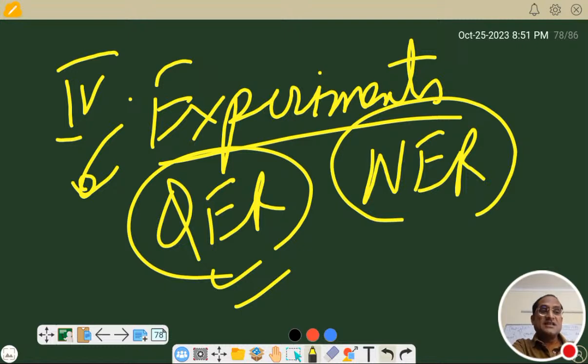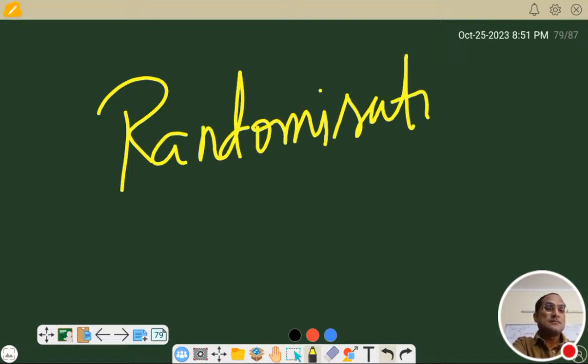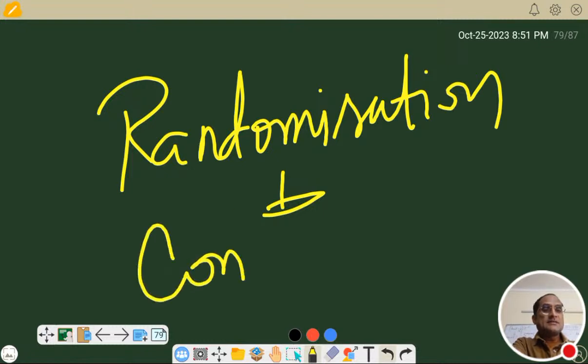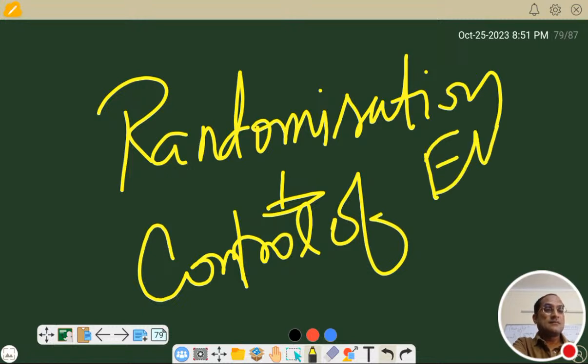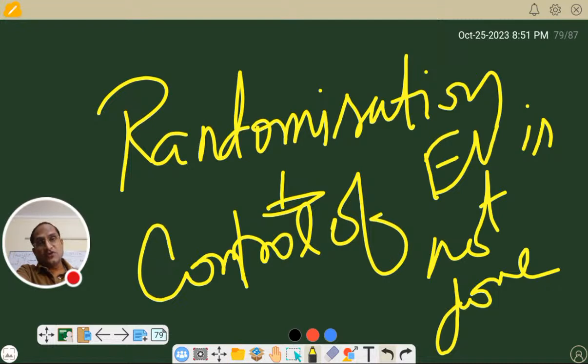The randomization does not take place, and because of that, the control over external variables is very less. Since there is no control over EV, it is called quasi-experimental research.